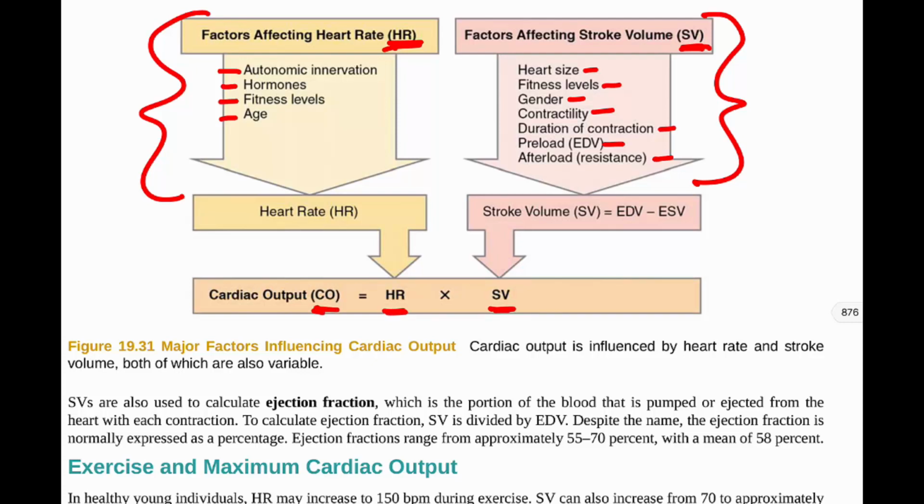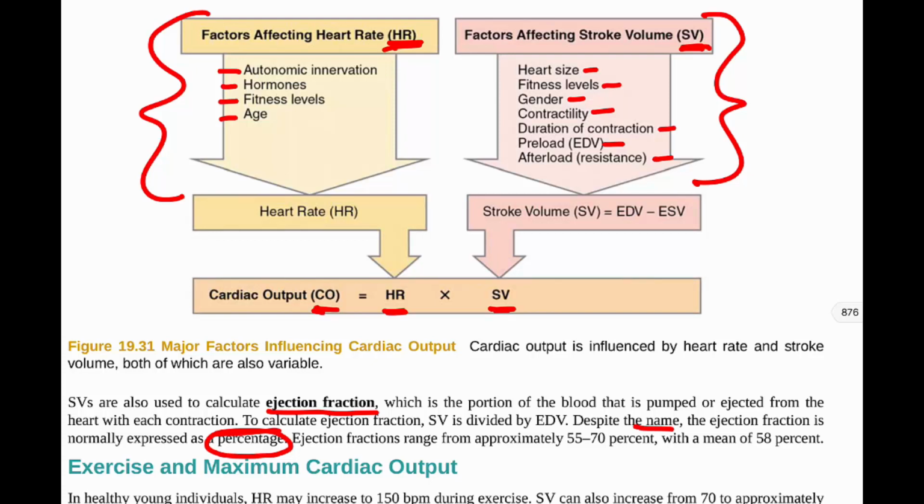We also have one last calculation in this section, what's called the ejection fraction. That name is a bit misleading. Ejection fraction is actually a percentage. It mentions it down here: despite the name, the ejection fraction is normally expressed as a percentage.